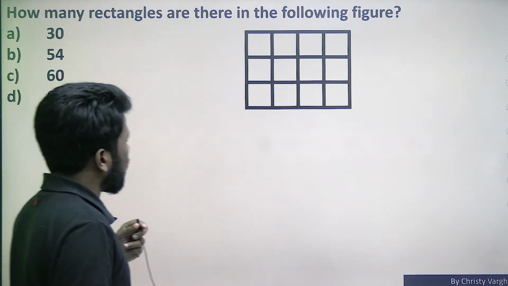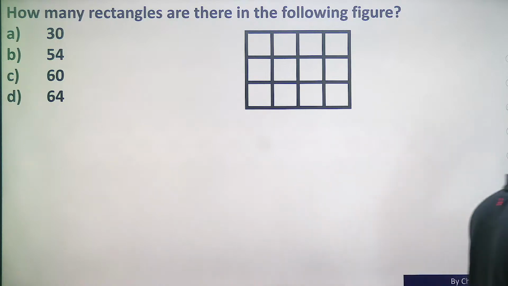Then rectangle number, can you find it fast for the same question, for the same system?